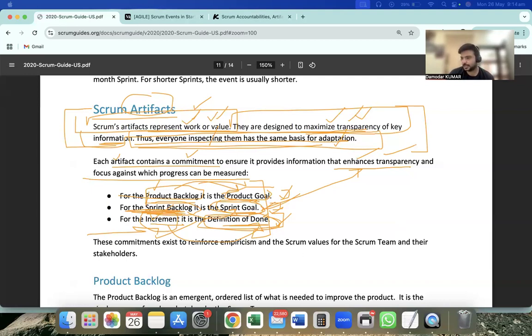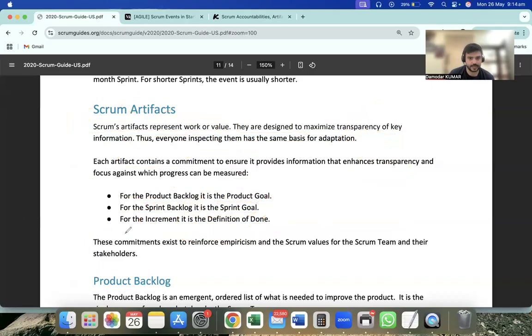And let's do it this way to reinforce. Let me read that also here. Okay, so for the increment now, it's a sum of all the increments in the current sprint plus increments from the previous sprint.